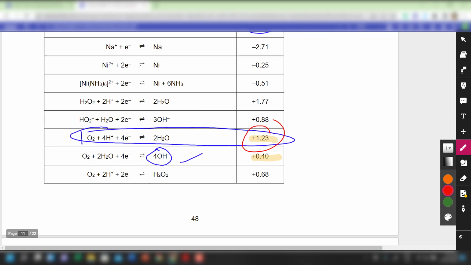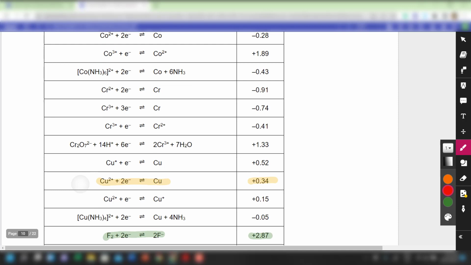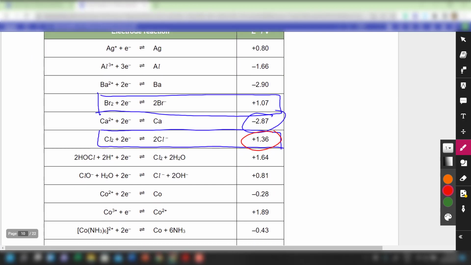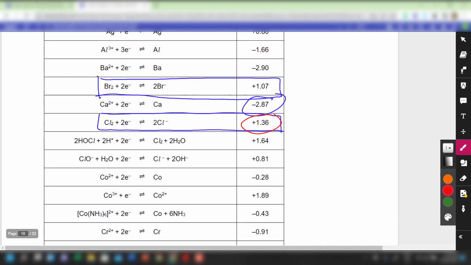Yeah, so if I'm going to use concentrated sodium chloride solution, I would expect the position of equilibrium to shift to the left. So when the position of equilibrium shifts to the left, the reduction potential value will become less positive.